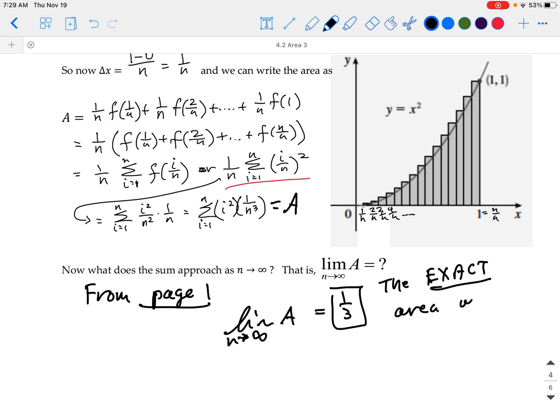which means the exact area under f of x equals x squared on the interval 0, 1 is 1/3. 1/3 is the exact area underneath that curve, which is pretty amazing that we can find that just using this simple rectangle process and then applying a little limit at the end to it.